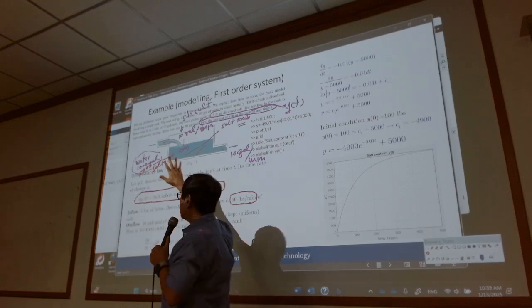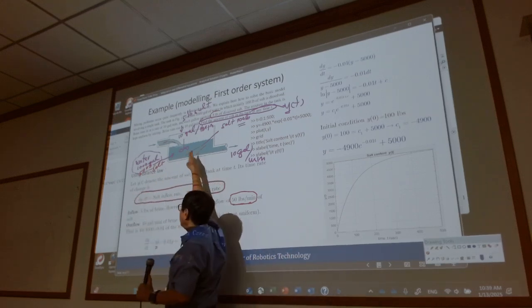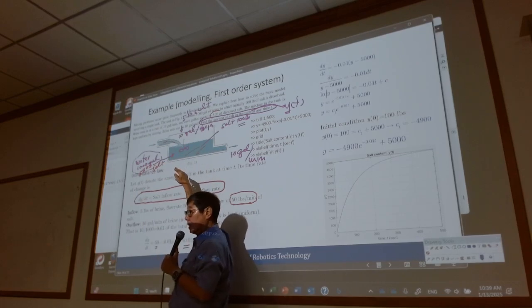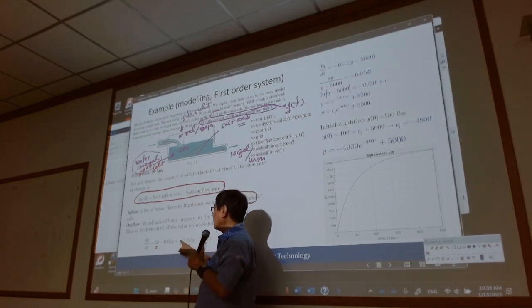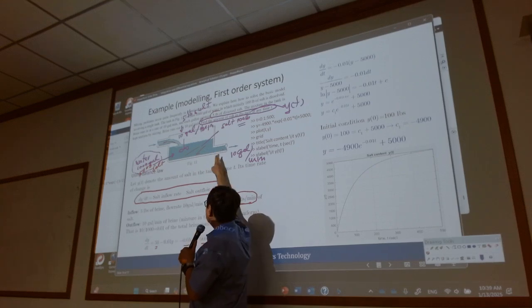This 5,000 mixes with the input, and we make it uniform, so the output is this one.